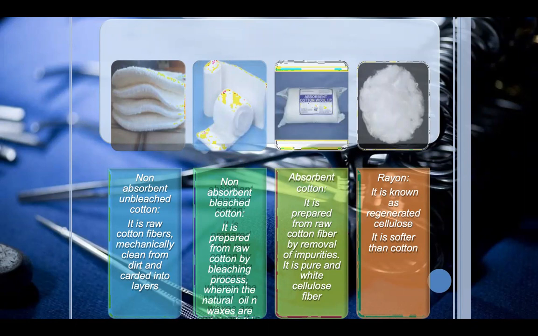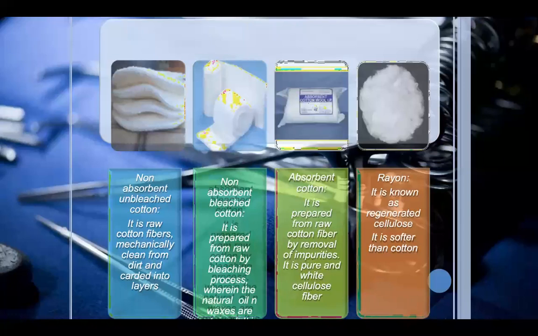Second, non-absorbent bleached cotton. It is prepared from raw cotton by a bleaching process, wherein the natural oils and waxes are removed. Then absorbent cotton. It is prepared from raw cotton fiber by removal of impurities. It is pure, white cellulose fiber.